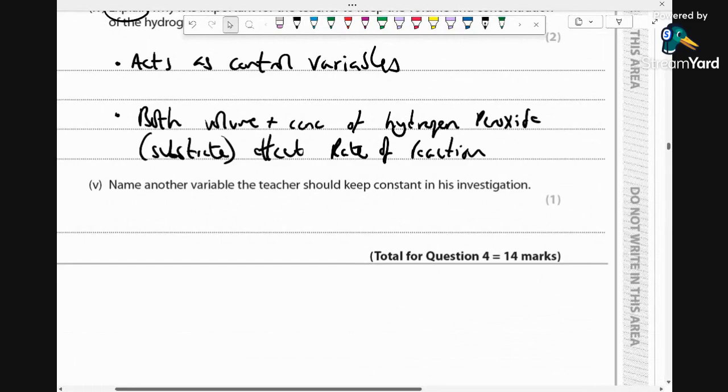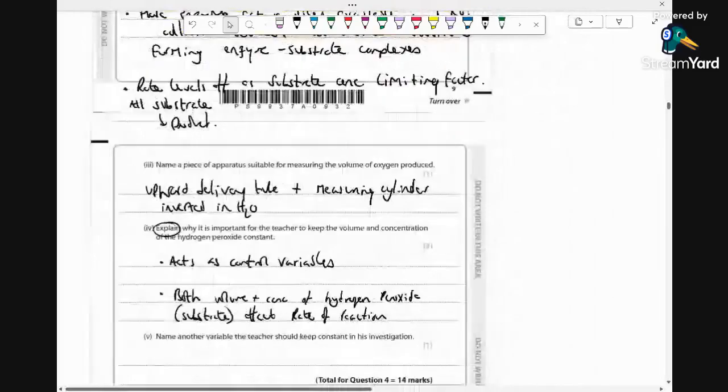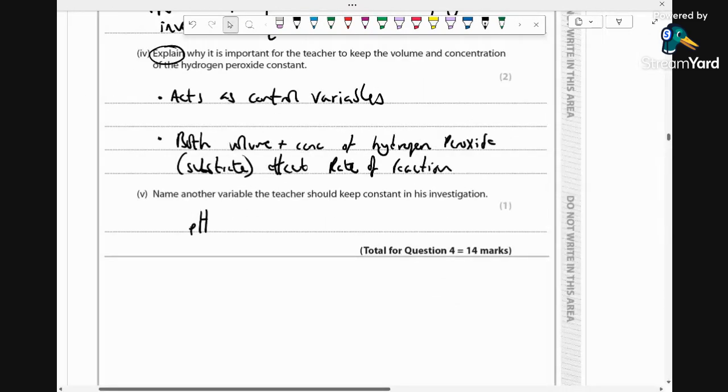Name another variable that teachers should keep constant. Well, if we're talking about enzymes, right, you have to keep the temperature the same or the pH the same, right? Both of these things affect enzyme activity. So I'm going to say pH, but you could probably have temperature as well there.